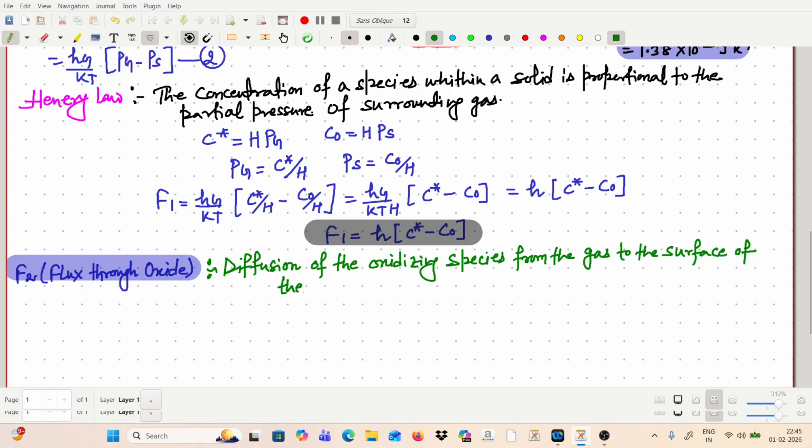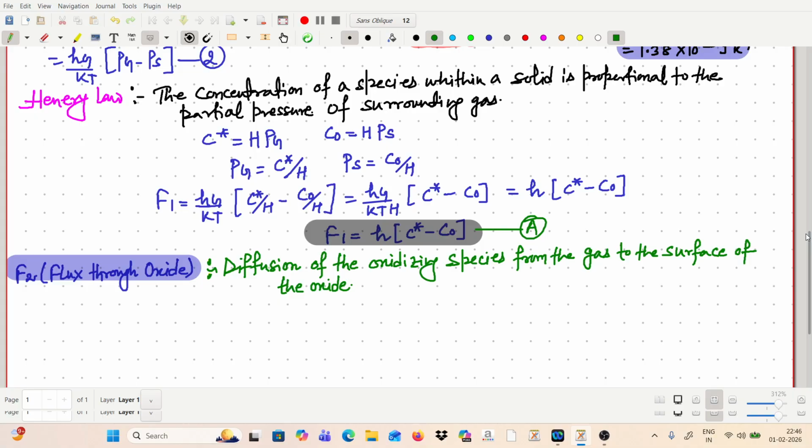We can say this is equation number A. This is the main equation. We can say F1 is H, some constant, times C star minus C naught.